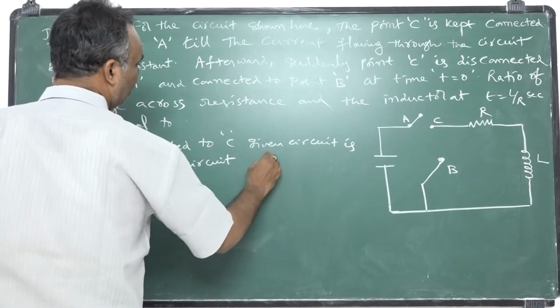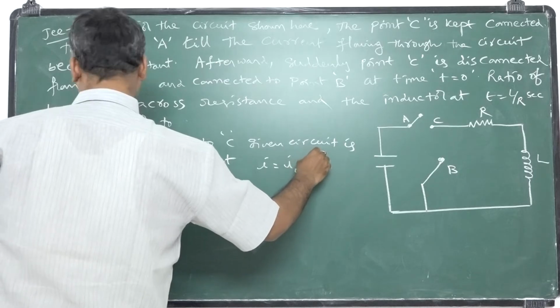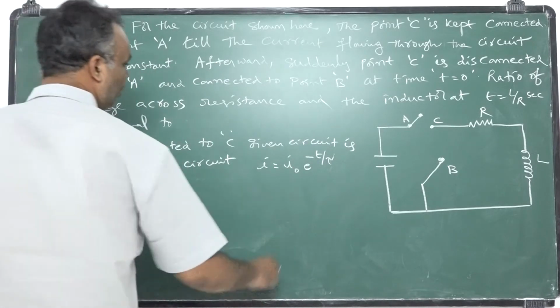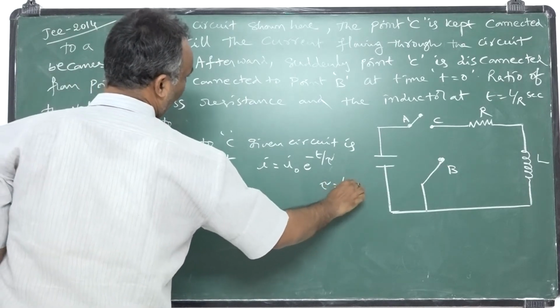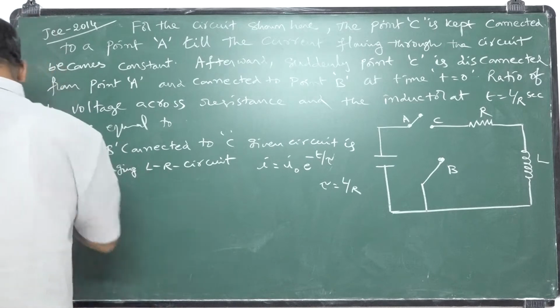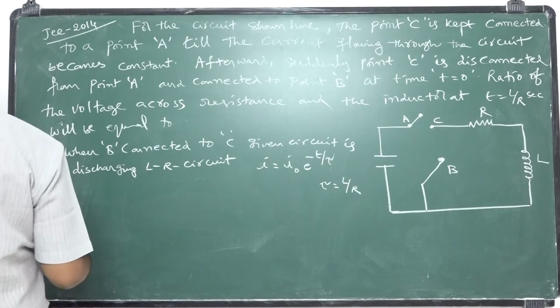Therefore, the instantaneous current is given by I naught into e power minus t by tau. Here tau is the time constant given by L by R.